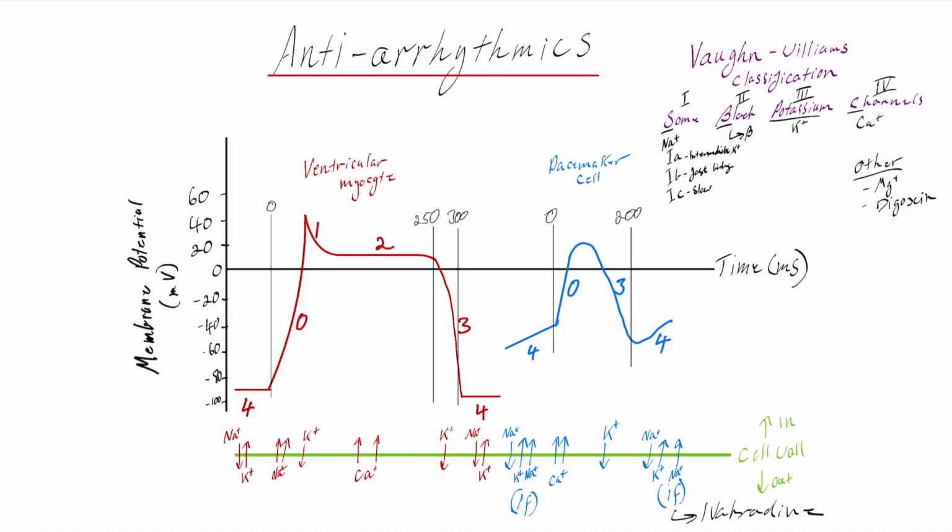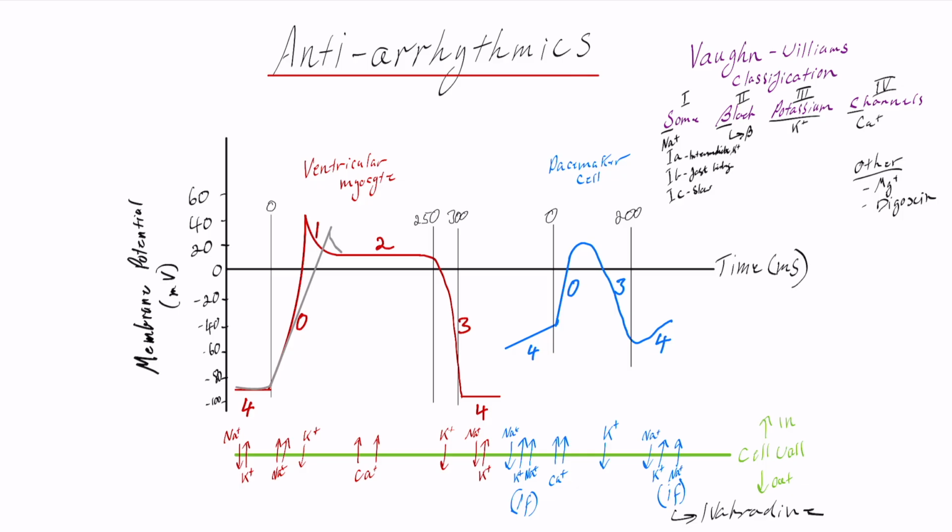So I'll draw it in grey here. So you'd have your standard plateau phase. Then because you're affecting the sodium channel, you'll actually get a shallowness, so a slowing of our depolarization. So it changes the angle here.